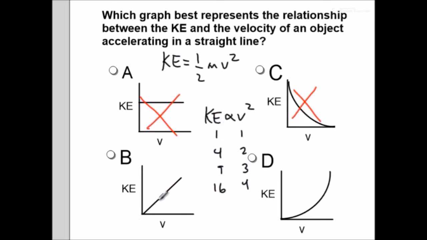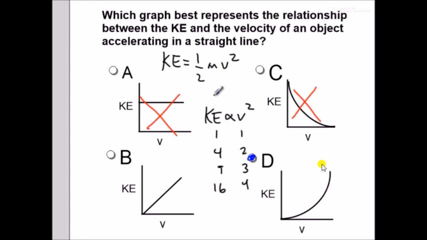It is not increasing 1, 2, 3, 4. It is increasing as 1, 4, 9, 16. So the change is non-linear. So here the option will be option D. Why? Because although as velocity is increasing, kinetic energy is also increasing, the increase in the kinetic energy is not linear, it is non-linear. So non-linear can be represented like this.